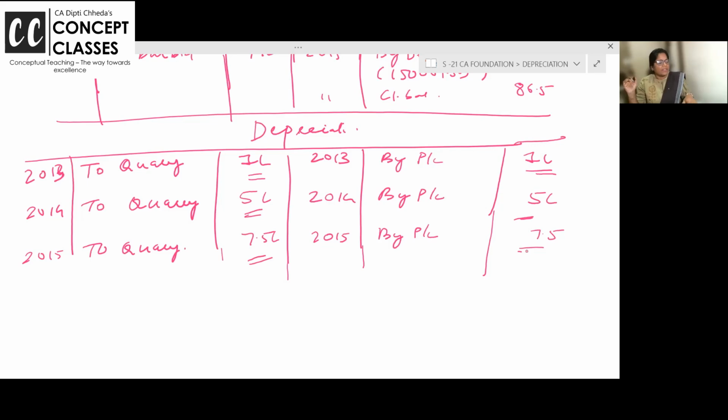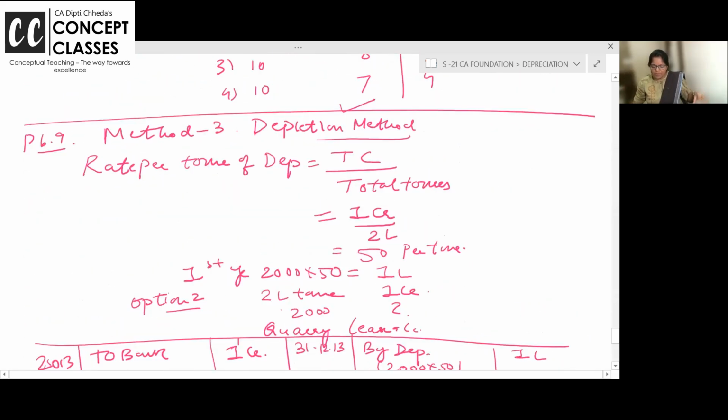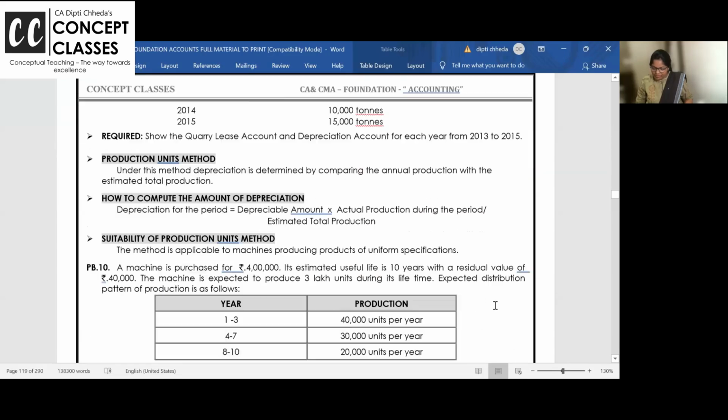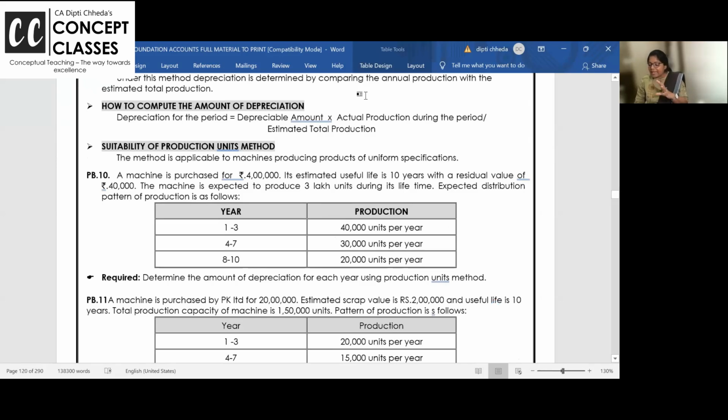Last one for today, then we will close. This is your problem number 9, we have done. Just look at the material. 9th problem we have done, 10th we will do now. Production unit method. This is also exactly the same.